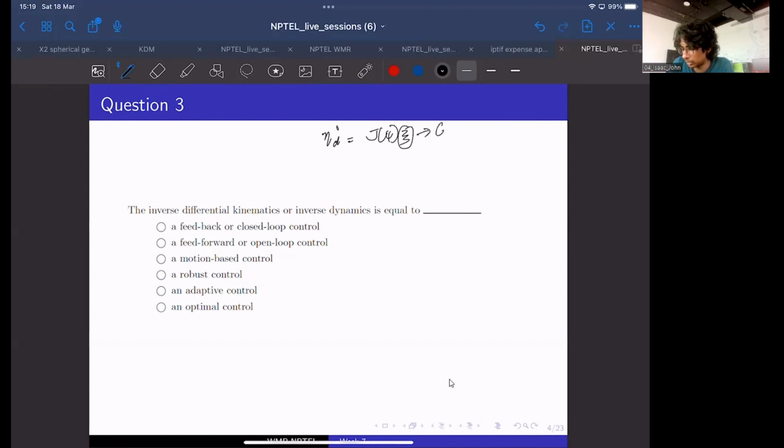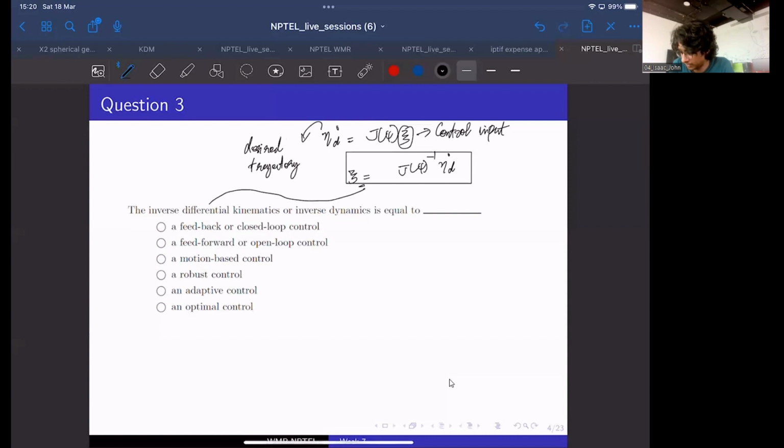This is the desired trajectory. So based on the inverse differential kinematics, the controller would be zeta equals J of psi inverse eta desired dot. So yeah, this is basically inverse differential kinematics.